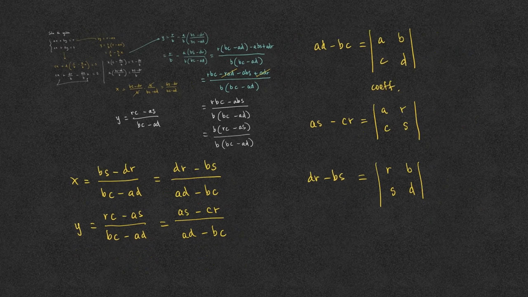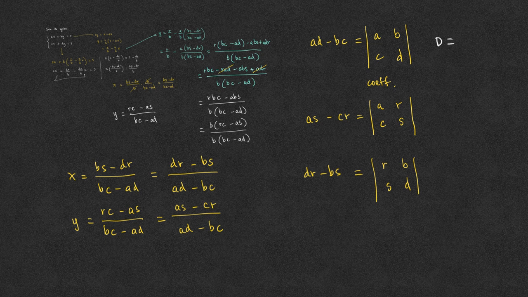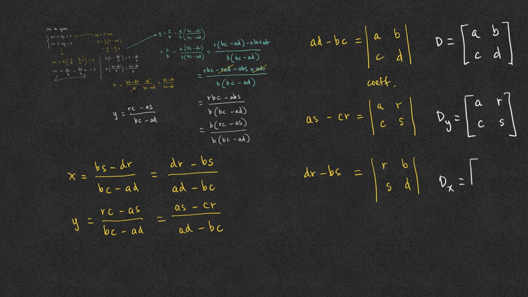For this reason, if we let D be the coefficient matrix a, b, c, d, and we let D sub y be the matrix where we swapped the second column, which is the column for the variable y, by the constants on the right hand side of the equal sign, r, s, and D sub x is the matrix where we swapped the constants on the right hand side instead of the coefficients in front of x, so r, s, b, d.